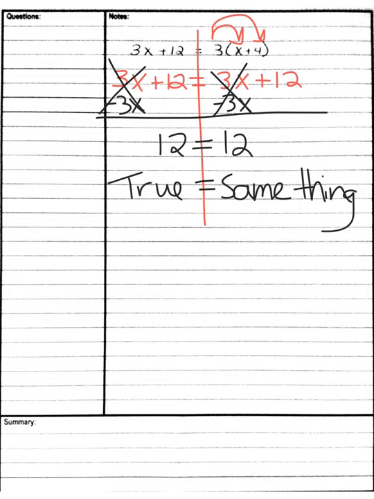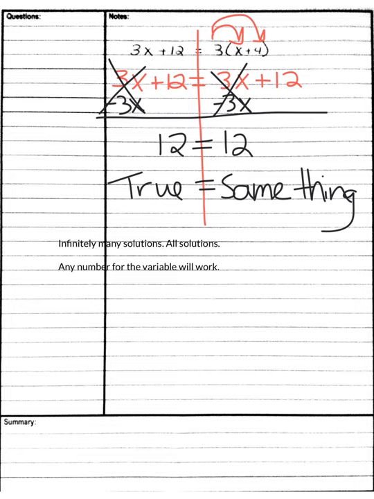So this kind of solution, we'll type it down here below. This is called infinitely many solutions, also known as all solutions, meaning any number for the variable will work.